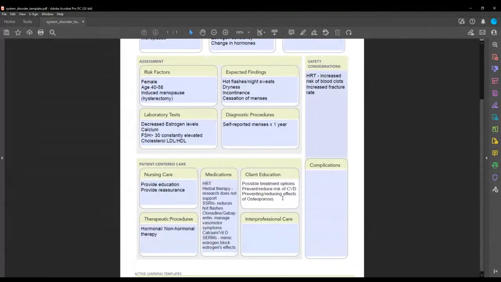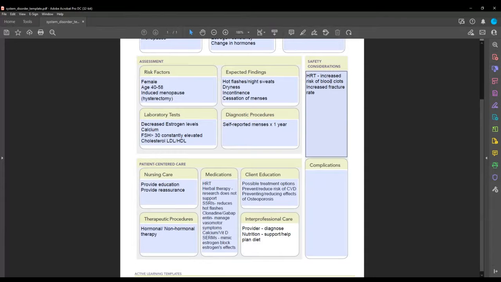So within there, diet, all that. We'll talk more about that when we get to the osteoporosis one, but both of those. As far as interprofessional care, we're going to use our provider to really diagnose the patient. Nutrition can support the patient, health plan, diet, etc.